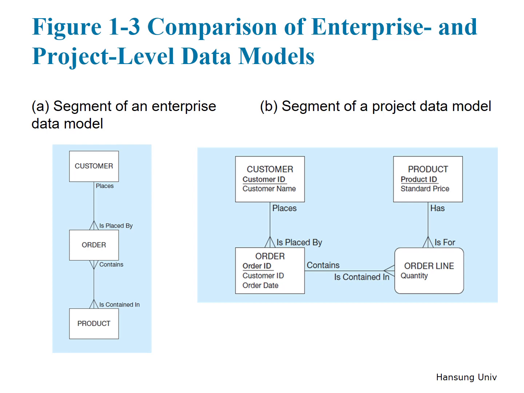We also see a many-to-many relationship between orders and product. One order may contain many products, and of course, a product could be contained in many orders. The project level model goes into more detail, including attributes, unique identifiers, and additional information about the order line.